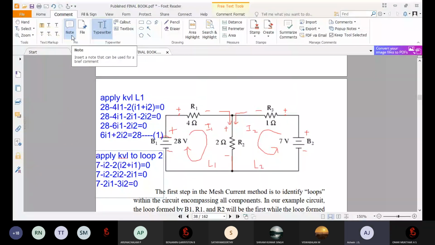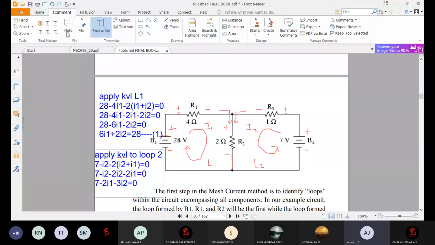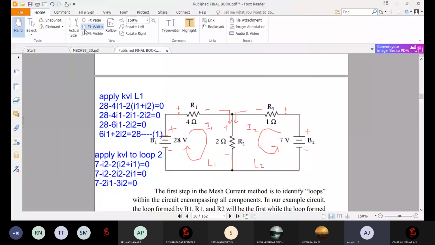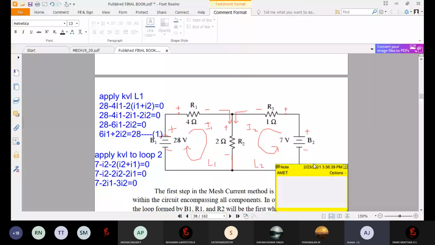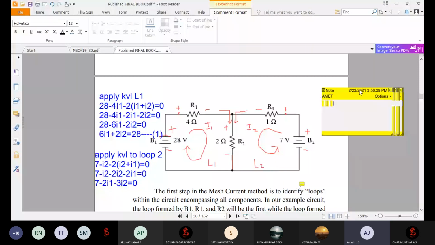Yes, sir. Okay, now what is your first equation?